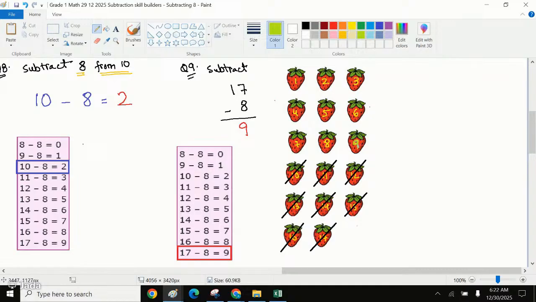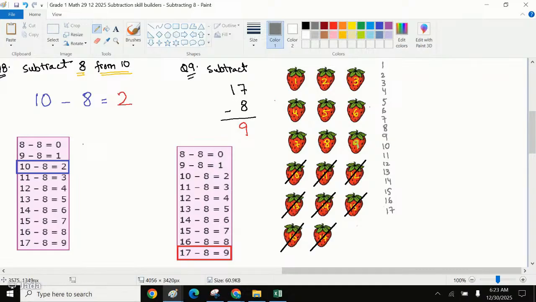Okay. Another way of doing the same question is we write the numbers from 1 till 17. We write 1, 2, 3, 4, 5, 6, 7, 8, 9, 10, 11, 12, 13, 14, 15, 16, and 17, right?